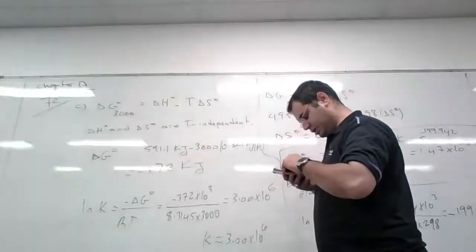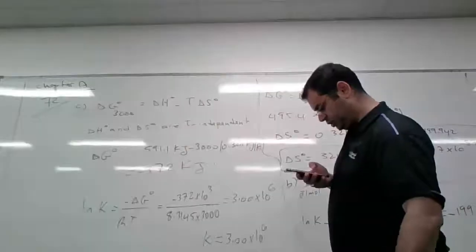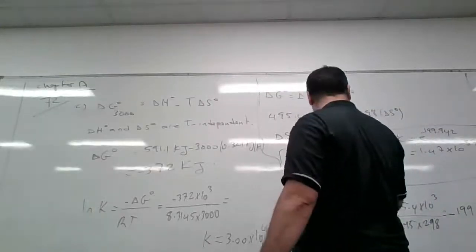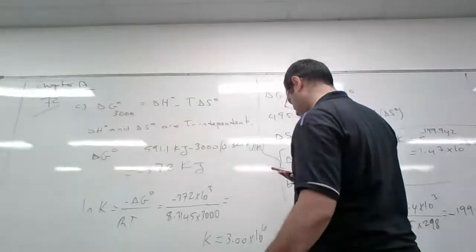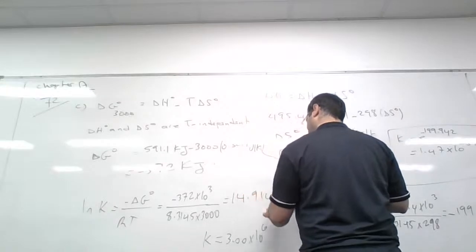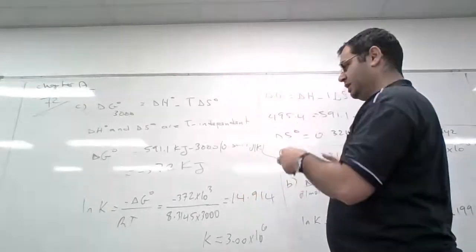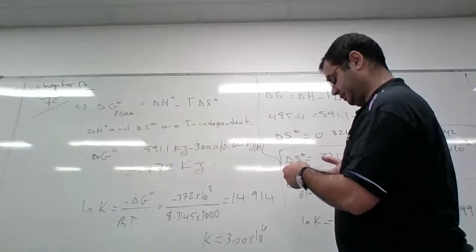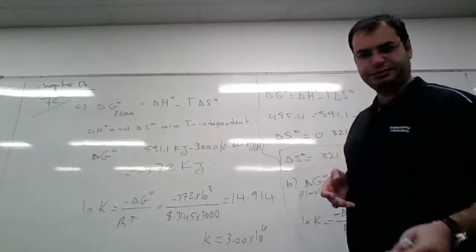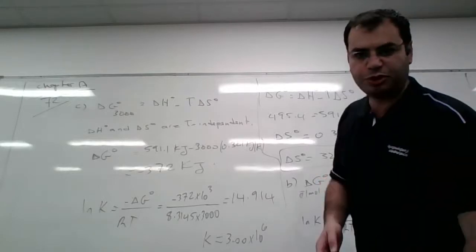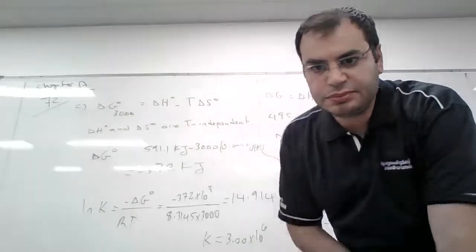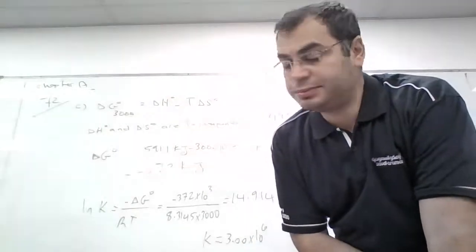This is K. ln K is 14.915. See, when ln K is positive, it means K is bigger than 1. Did you get my point?